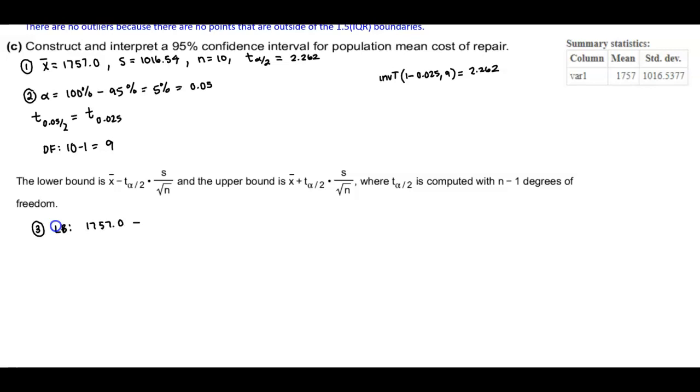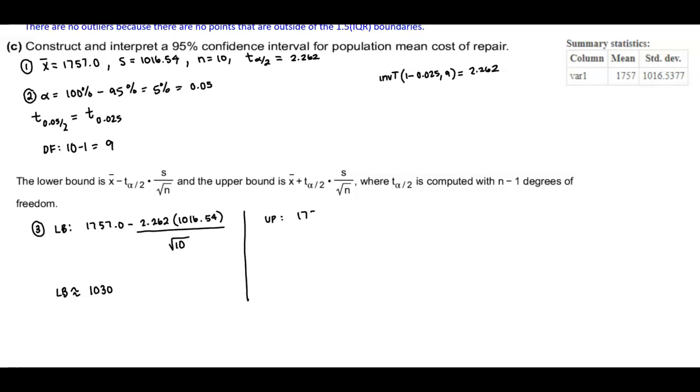We're going to subtract the critical value, which is 2.262, multiplied by the standard deviation of 1016.54, divided by the square root of the sample size, which is 10. Putting that in our calculator, we're going to approximately get 1030.